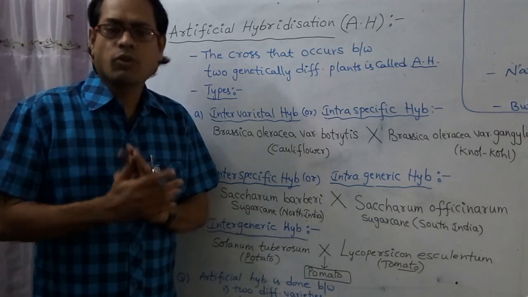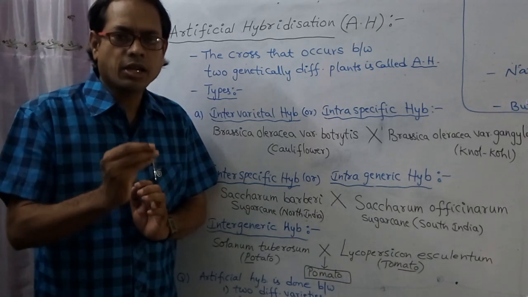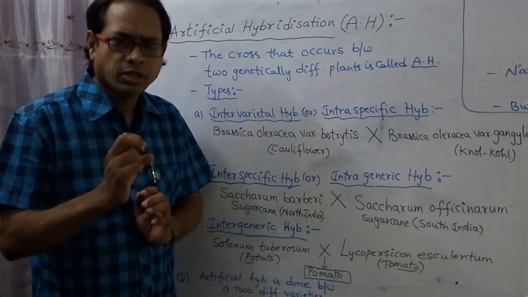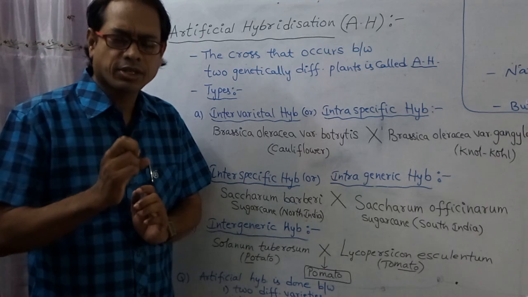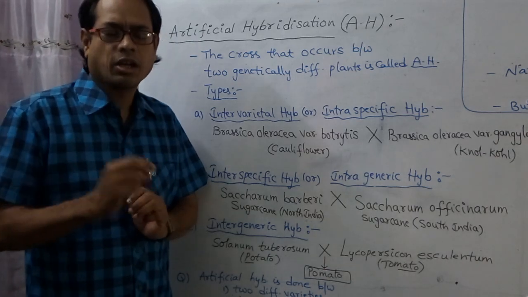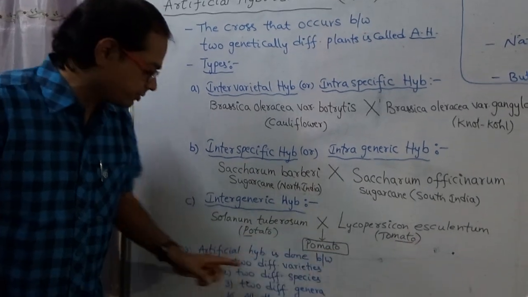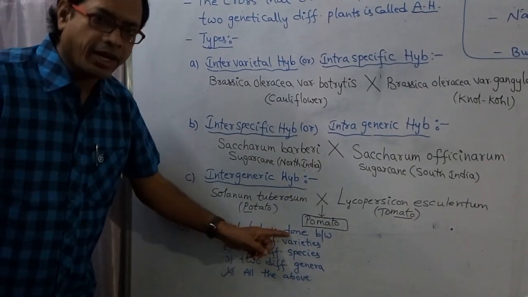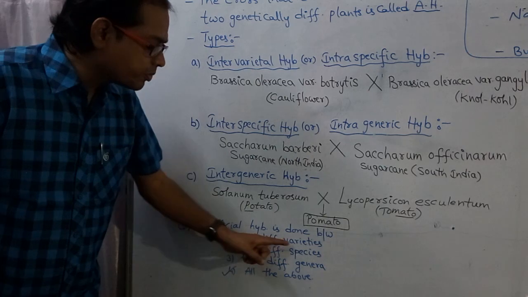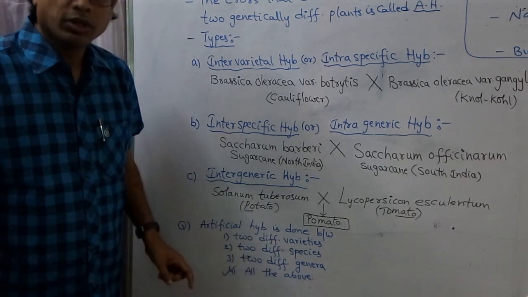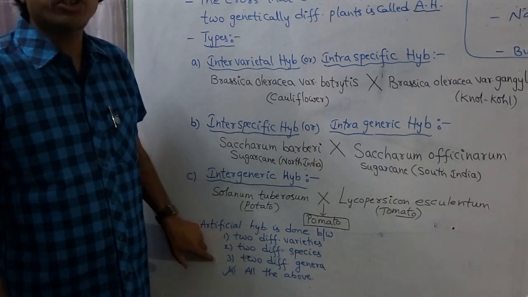So I am asking one question. Artificial hybridization can be done between two different species, two different varieties, two different genera, all above. So what we have to say, all the above is the correct answer.